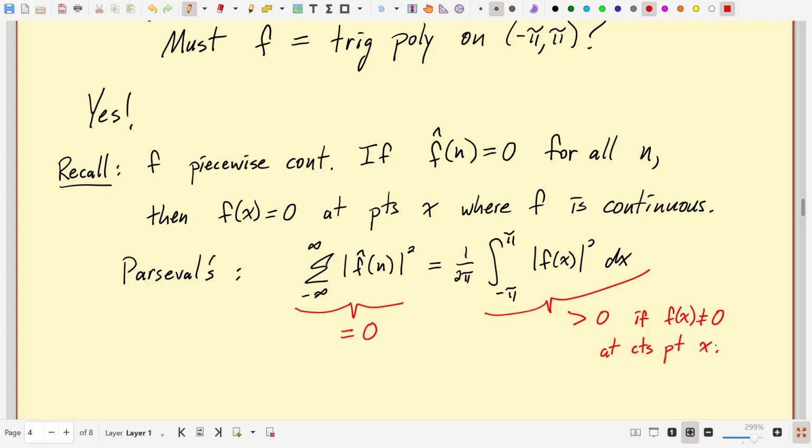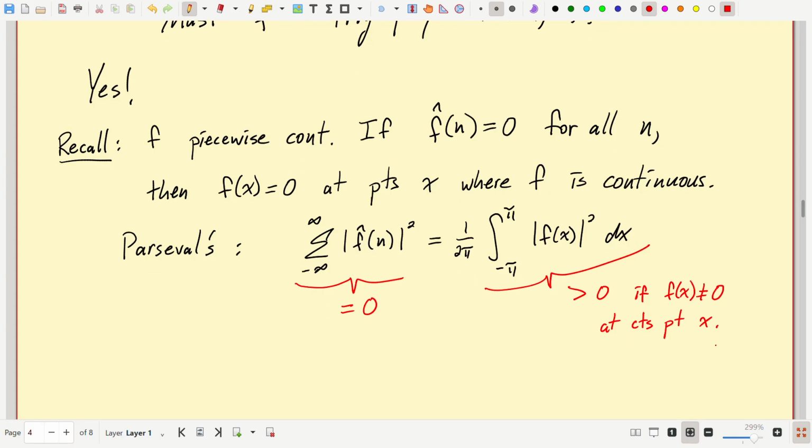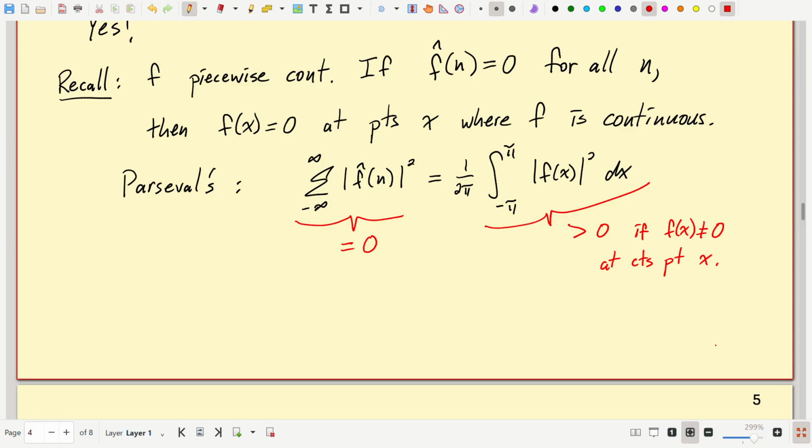That means that f is piecewise continuous. If it's continuous, it has to be 0, and where it's not 0 would be just finitely many points. So it would be 0, and then maybe it'd be 0 for a while, and then it might be something else.